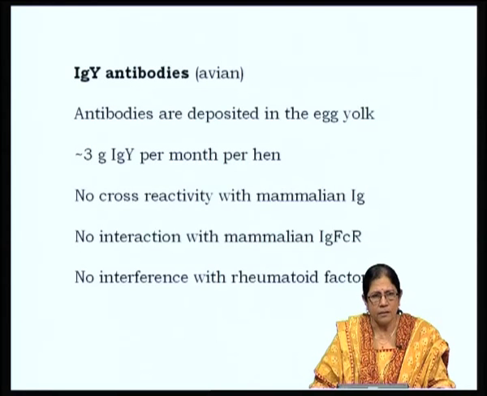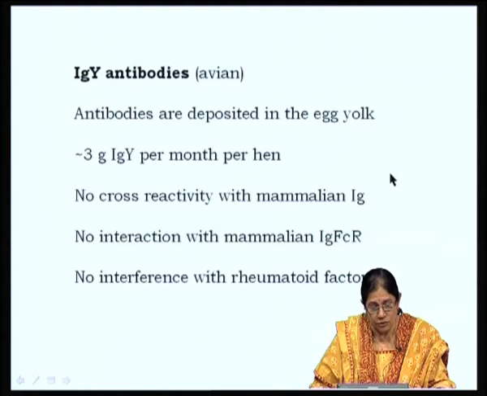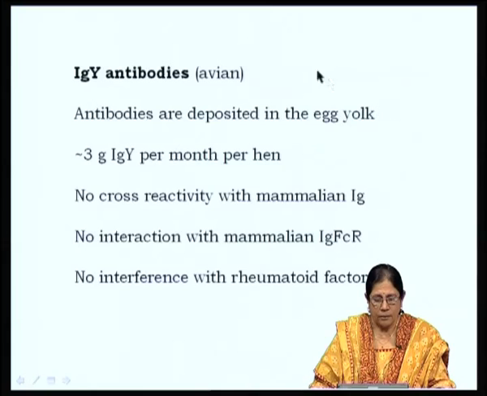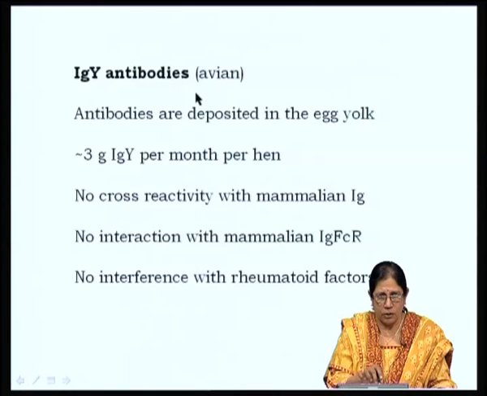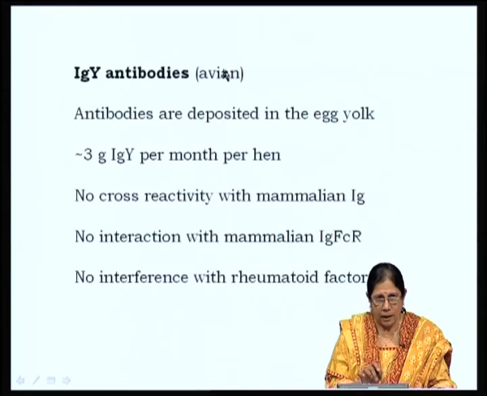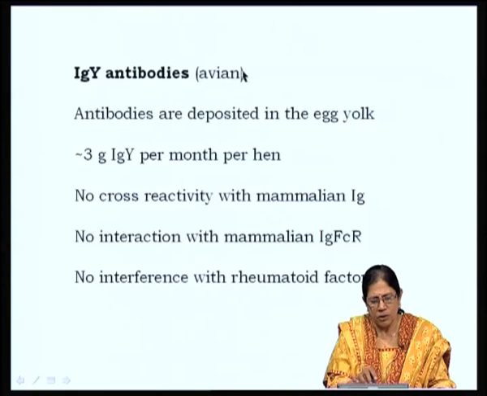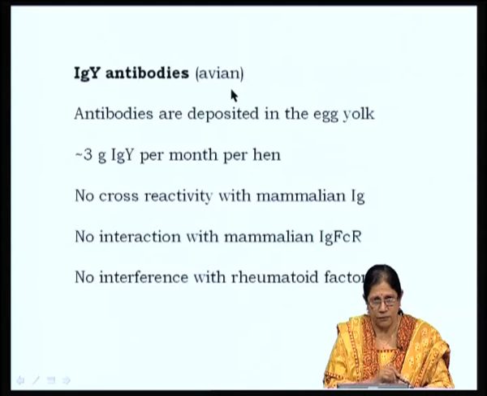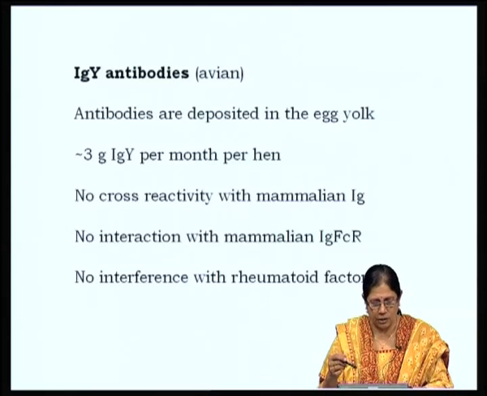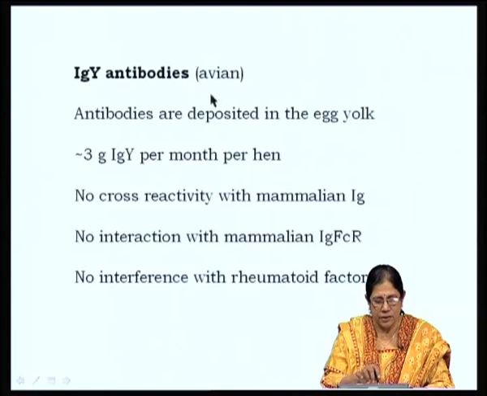There is another set of antibodies which I thought I should introduce to you, because in the last 20 years or so, IgY antibodies from the avian system are being utilized in diagnostics. Why IgY antibodies? Now, IgY is an antibody that is found in the avian system, and chicken or hens are now recruited for the generation of this kind of antibody. Why is it interesting?